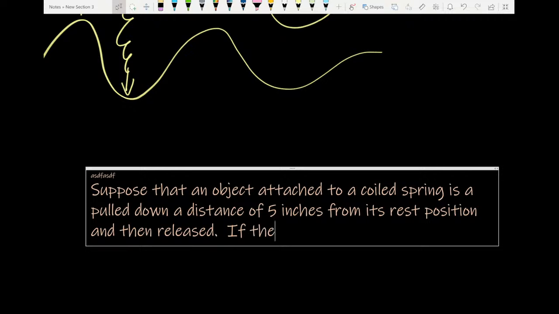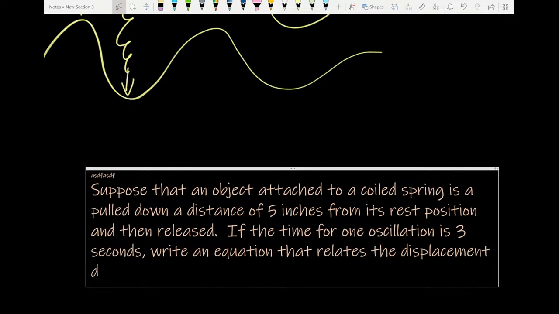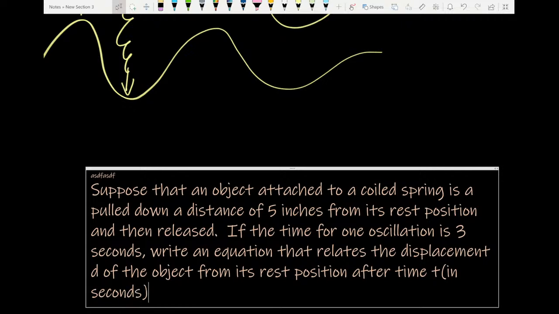If the time for one oscillation is 3 seconds, write an equation that relates the displacement d of the object from its rest position after time t in seconds. We assume no friction.